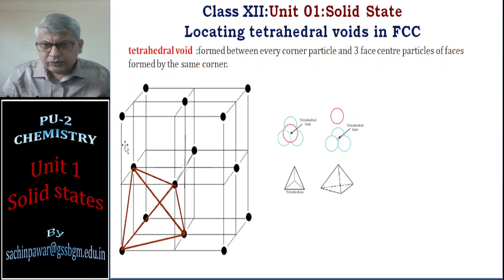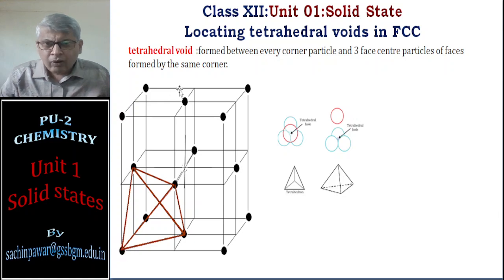It is common to this face also, with this center particle, and it is common to this face also. So the corner is common to these three faces. Therefore these three face centered particles form a triangle, and this corner particle sits at the center to form a tetrahedral void like this.